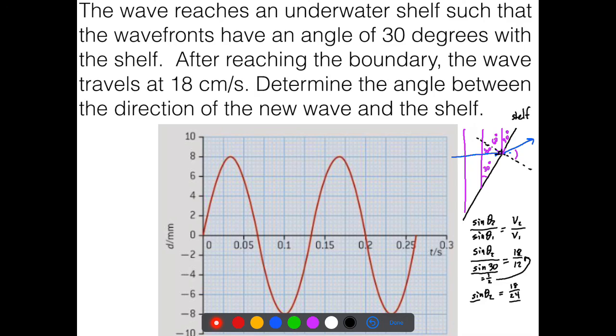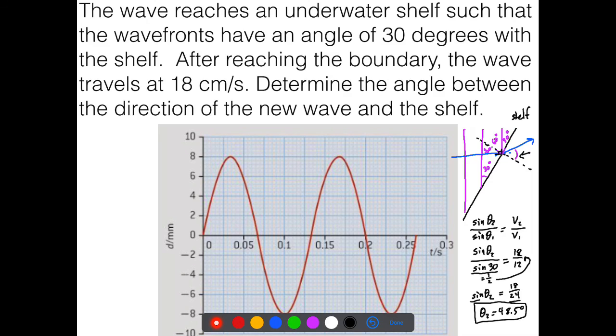The calculator I'm working with right now on my computer doesn't have that ability, so I am going to do an inverse sine right here. And I get 48.5 degrees. So theta 2 equals 48.5 degrees, which is larger than the original one, just like I had hoped.